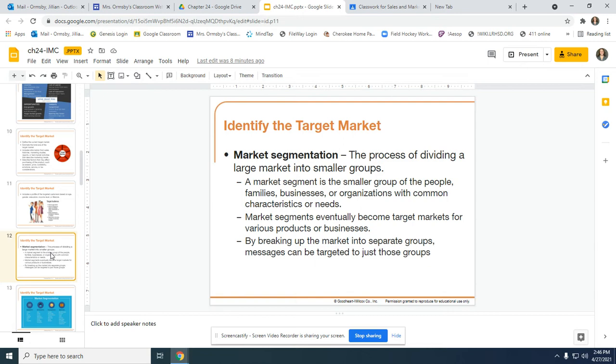Market segmentation is eventually going to become your target market within your campaign, so you can really narrow down and hone in on who you're focusing on. By breaking up the market into separate groups, your messages can be targeted to just those groups. So, you can have multiple messages delivered using multiple different platforms in order to best get to the most amount of customers.